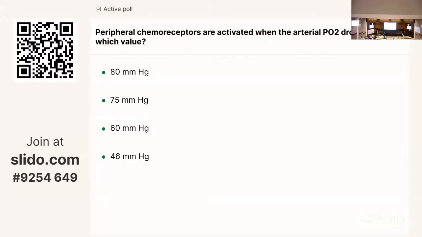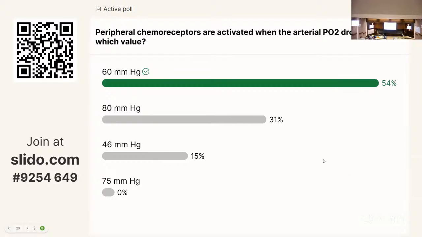So when I said big changes, what value of PO2 would that be? Yeah, about 60 is when we start to see major changes.